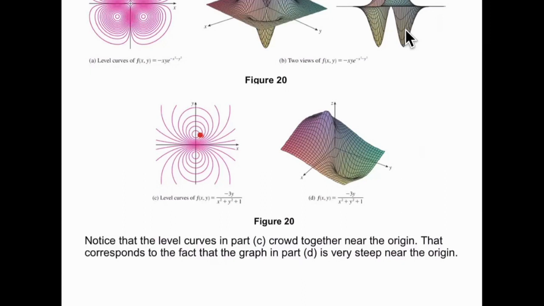They are crowded together near this origin. And you see near this origin, the graph is very steep. When it's away from this origin, you see the level curves are further apart, and the graph is flatter, right here and here.